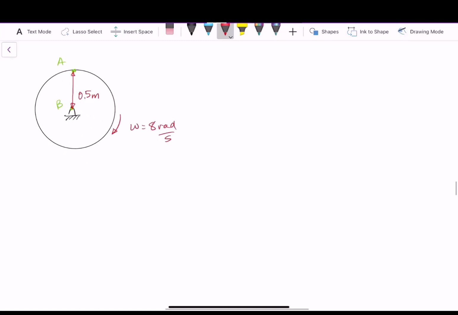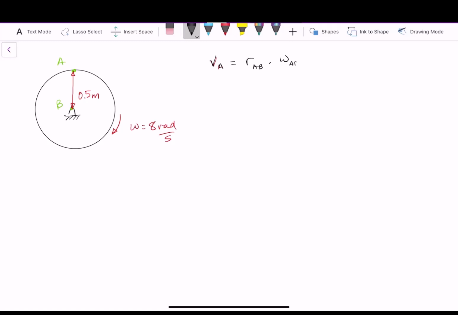So given all of this information, we can calculate 2 things. First, we can calculate the velocity at A. Remember that the velocity at A is going to be equal to the radius between A and B times the angular velocity of the entire disk.